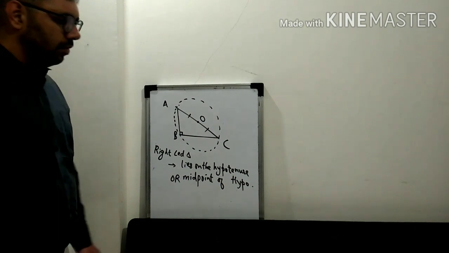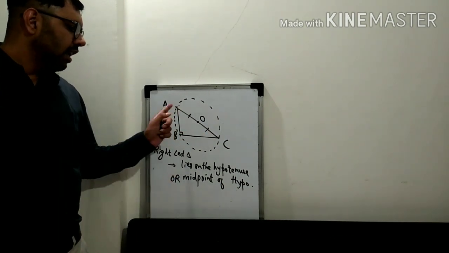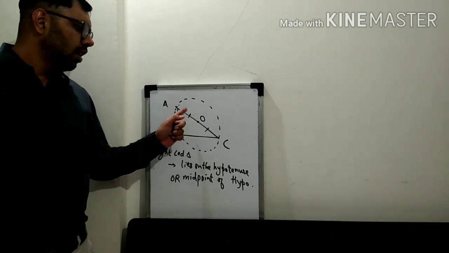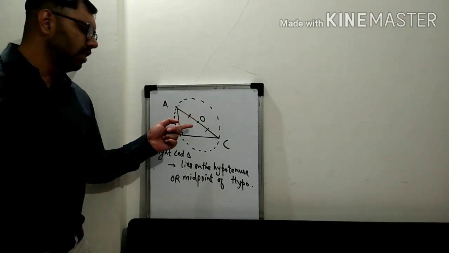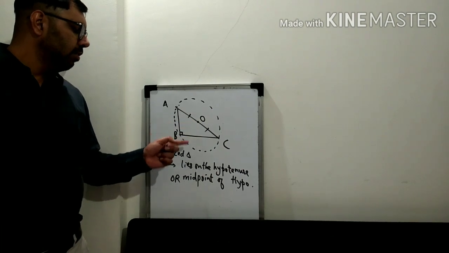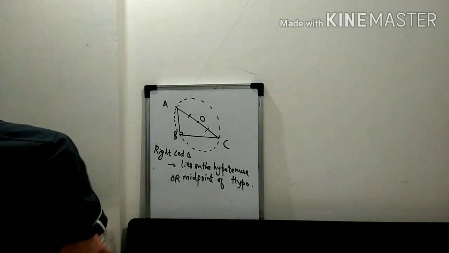Since the hypotenuse becomes the diameter of the circle, the midpoint of the hypotenuse will become the center of this circle. The center of the circumcircle is nothing but the circumcenter. So for a right angle triangle, circumcenter will be the midpoint of the hypotenuse. Now let's continue ahead.